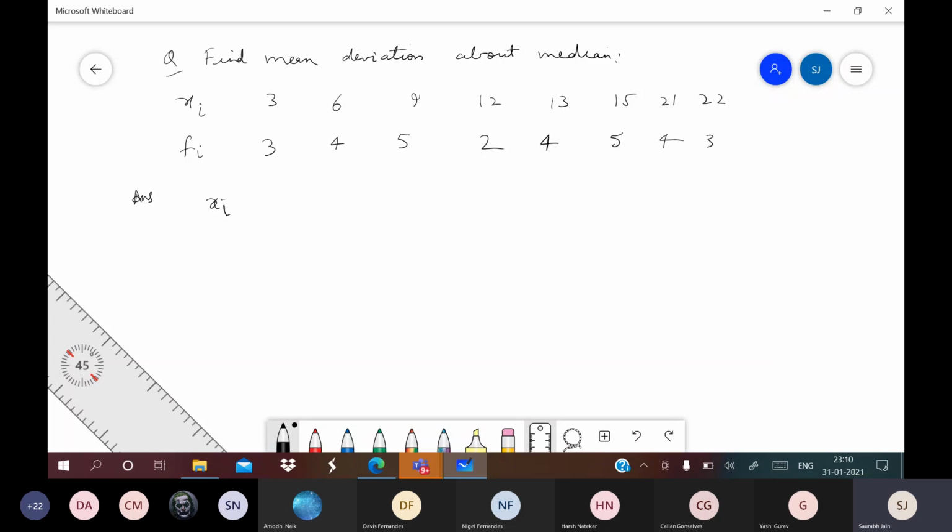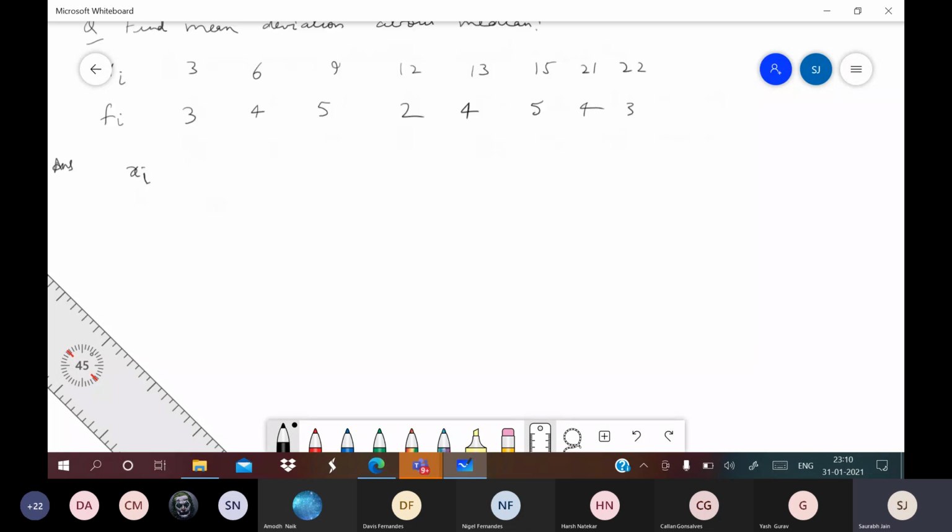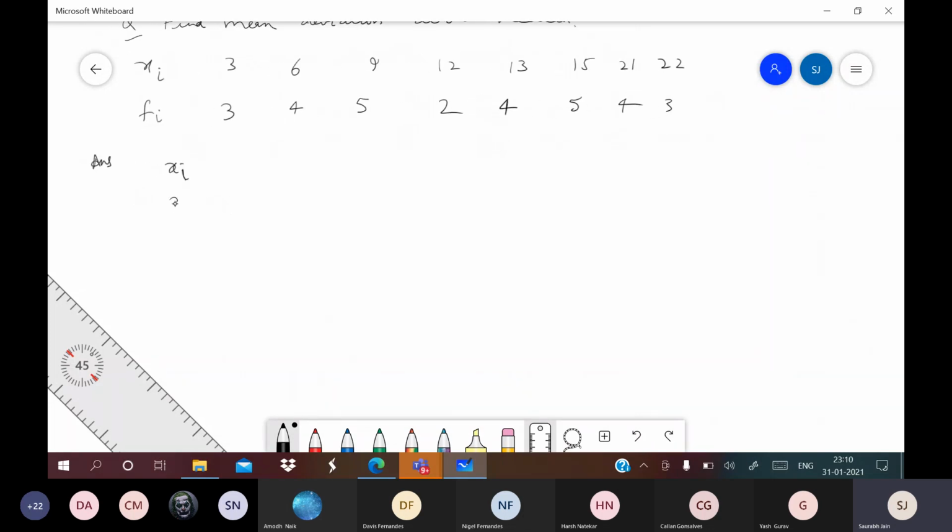So these are the values of xi: 3, 6, 9, 12, 13, 15, 21, 22. Then fi: 3, 4, 5, 2, 4, 5, 4, 3.